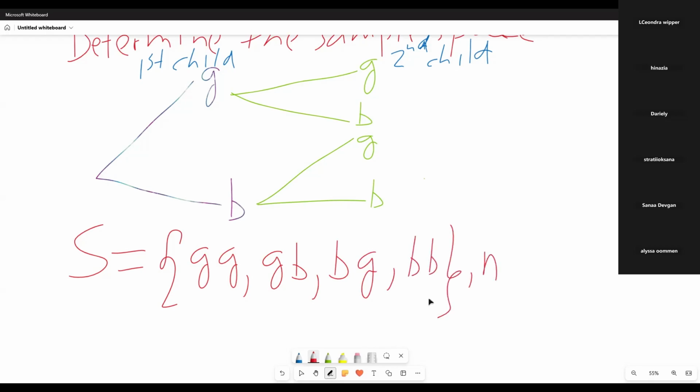So here, we got four outcomes in the sample space. That's my case. I have two girls. I have no boys. See, girl girl, girl boy, boy girl, or boy boy. Got it? Yep.